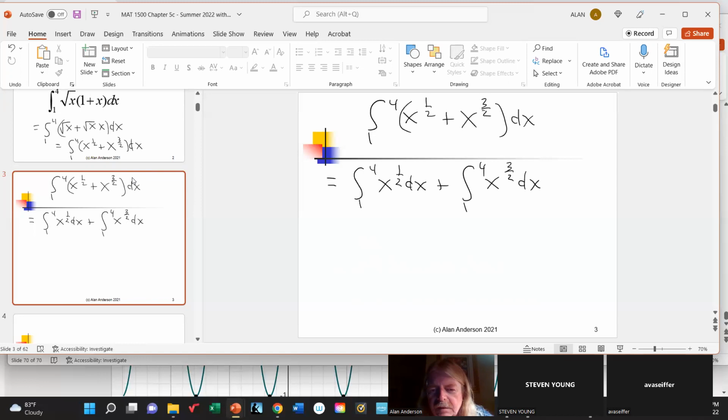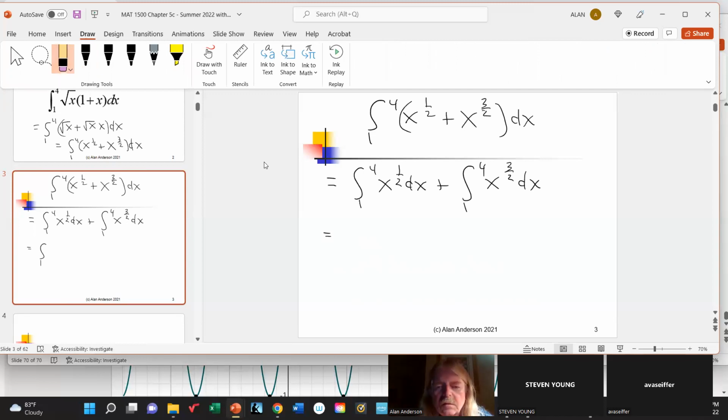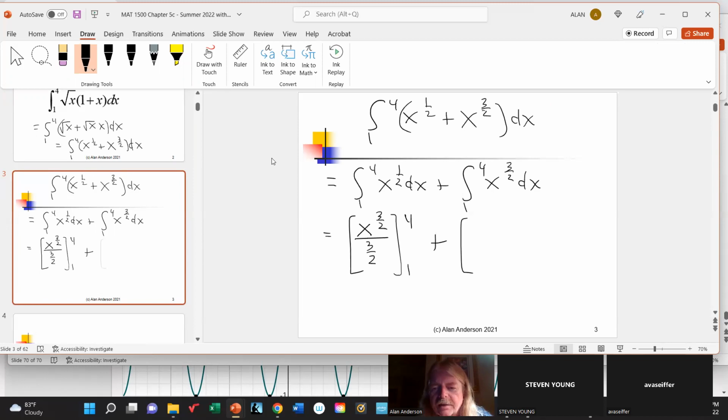So you're going to have, in this first case, x to the 3/2 over 3/2 evaluated from 1 to 4. And here you'll have x to the 5/2 over 5/2 evaluated from 1 to 4.